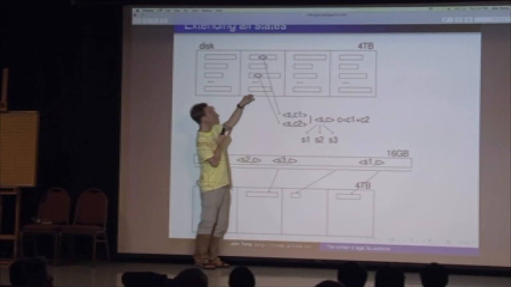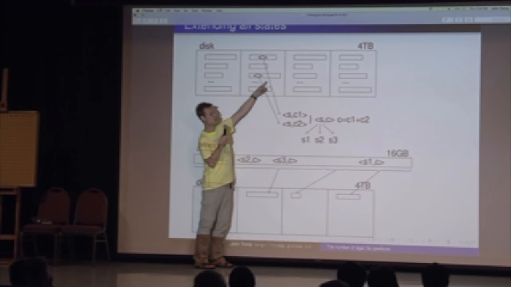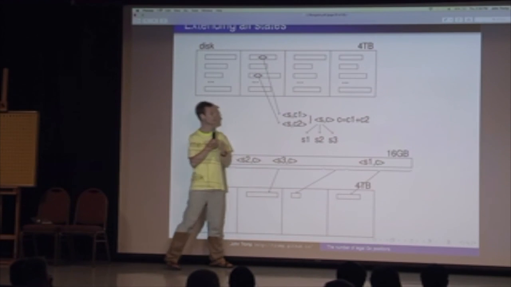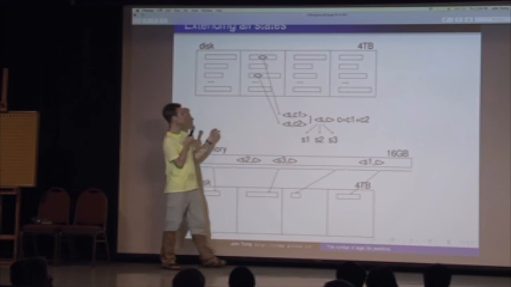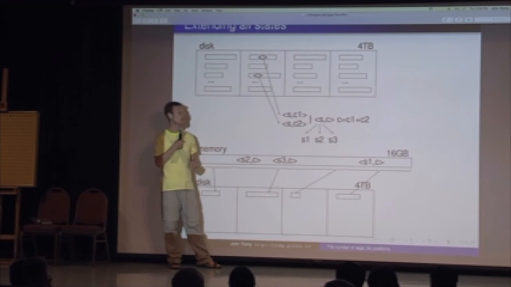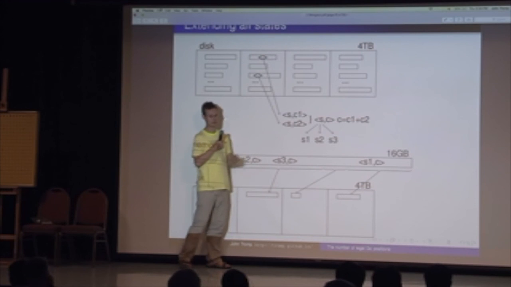For each CPU, what you're looking at is a bunch of files, each file being a sorted sequence of pairs of a state and a count. What the CPU is going to do is read all these files in parallel, merge the state pairs, and compute the successors.